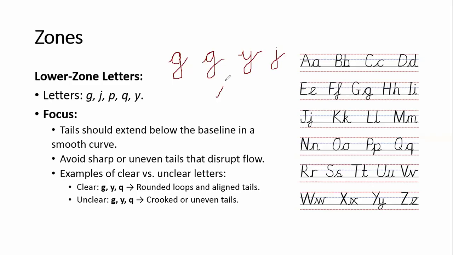P, you can write P in this fashion also. It is a little bit flowing P, or else you can write like this. Q is nothing but the same. O, extend the line and you can end up at the middle zone or else you can stop at the lower zone. Both are fine.